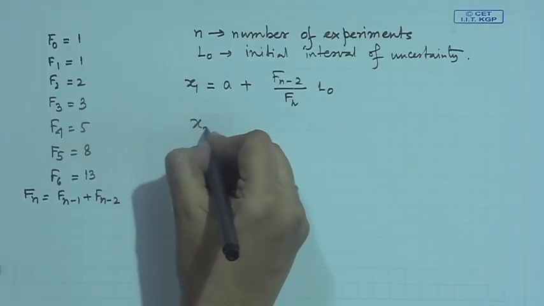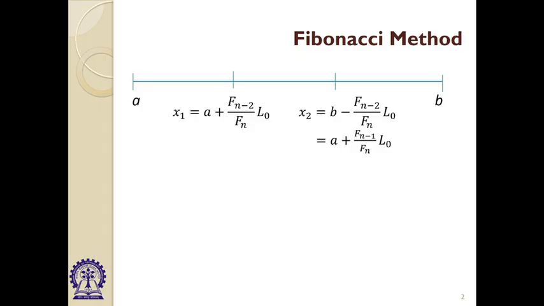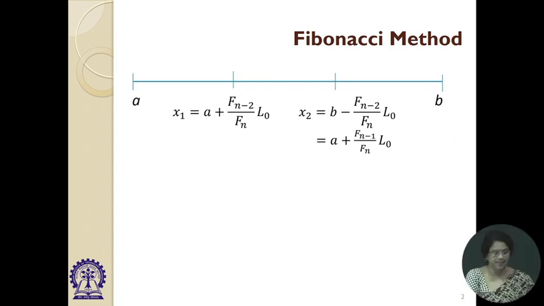I will find out x2 is equal to b minus Fn minus 2 by Fn L naught.